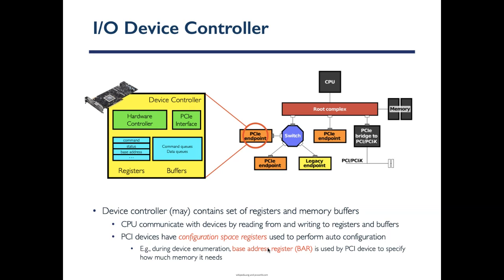And then once the operating system allocates that memory to this device, it writes to this register the base address of the region of physical memory that is allocated to this device. Hopefully that makes sense. So initially you read from it to see how much memory this device needs. And once you allocate, you write to it to tell the device that this is the region now allocated to you if you want to use it.